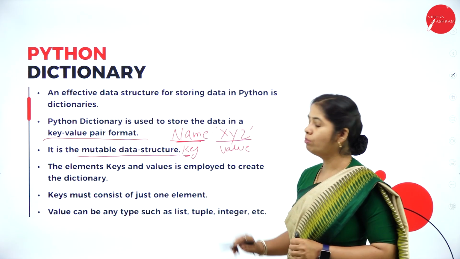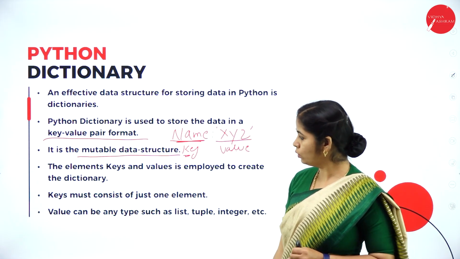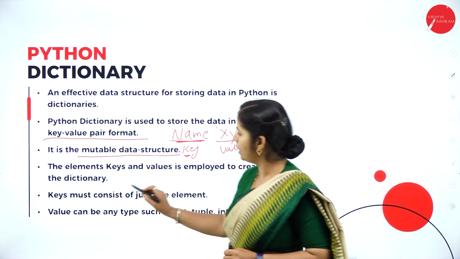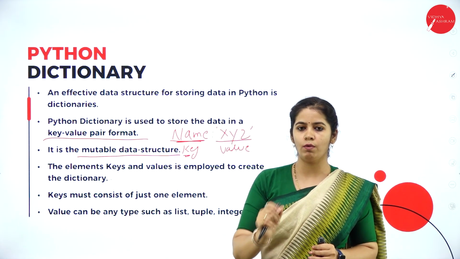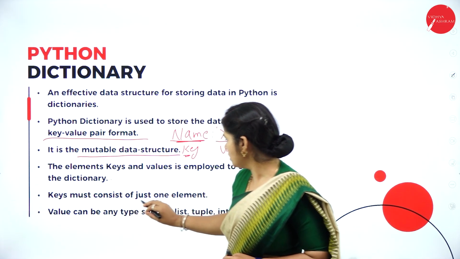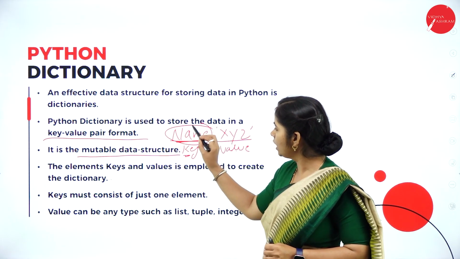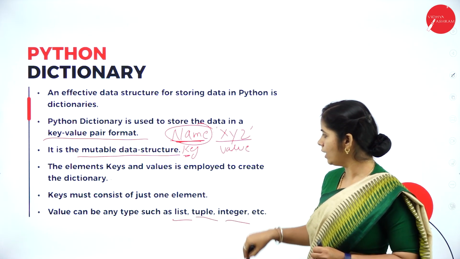So, this is mutable, where key is immutable and value is mutable. The elements key and value are employed to create the dictionary. Always to create the dictionary, you must have one key and one value. The key must consist of just one element, meaning the key should be unique. The value can be any type such as list, tuple or integer.